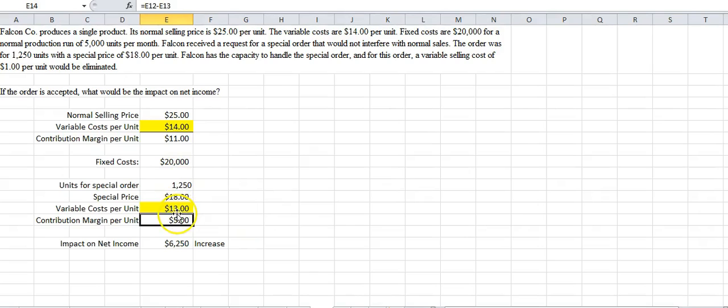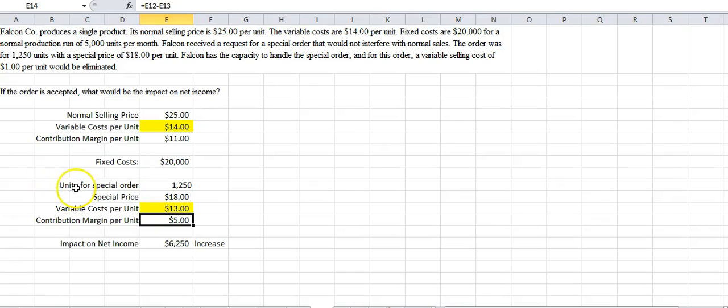As long as it does not interfere with the production for my other higher margin sales, my normal sales, and as long as my other customers don't find out and get upset with me and I lose business because of it. And I'm simply taking advantage of idle time that I have. My equipment is sitting there doing nothing.